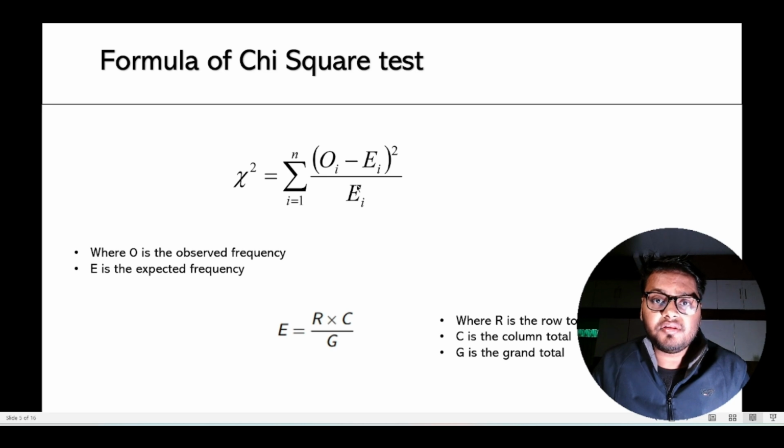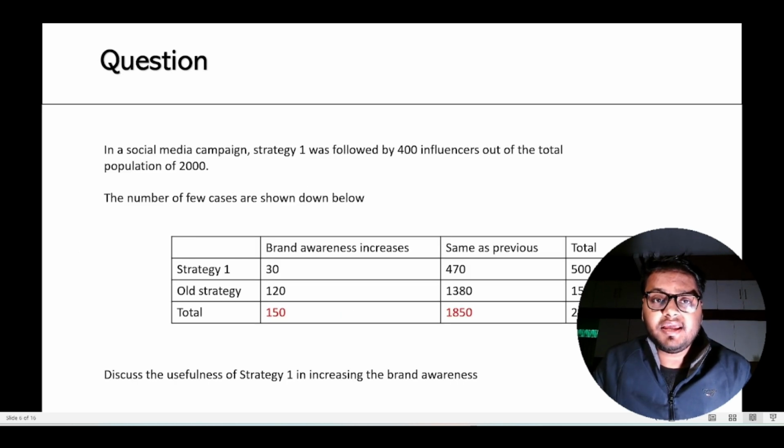Now the question here is, how do you calculate expected frequency? So in order to calculate expected frequency, we have a formula given to us which is row total multiplied by column total divided by grand total. Suppose that in a social media campaign, we are going to use two strategies. One is your old strategy and one is your new strategy, to increase the brand awareness.